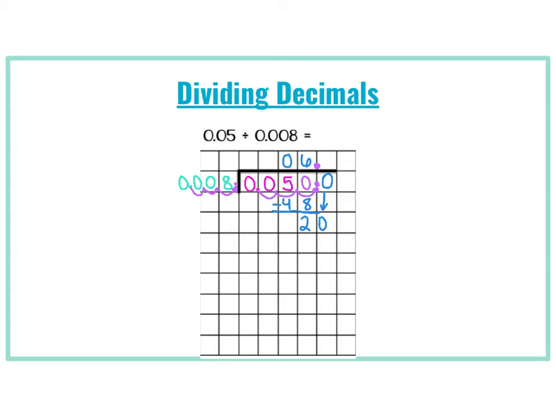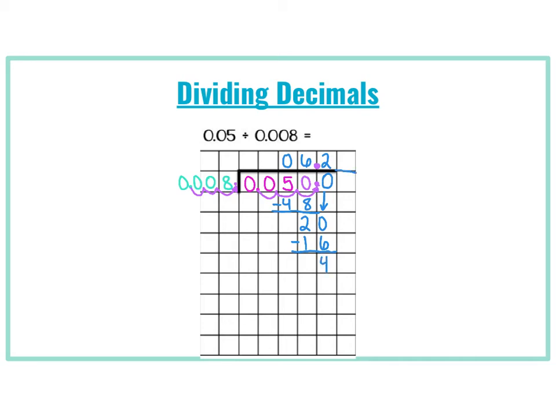8 can go into 20 2 times. 8 times 2 is 16. When we subtract 20 minus 16, we get a remainder of 4.